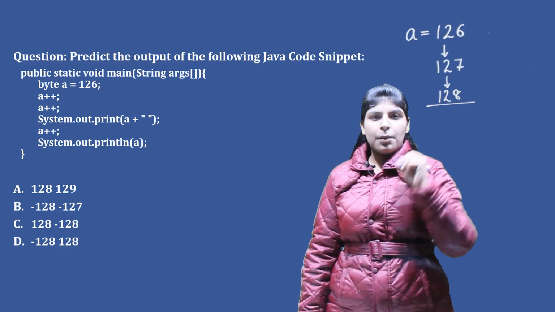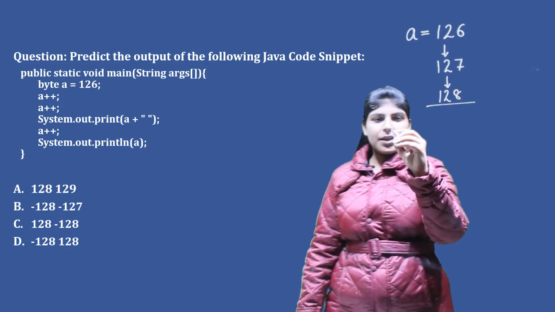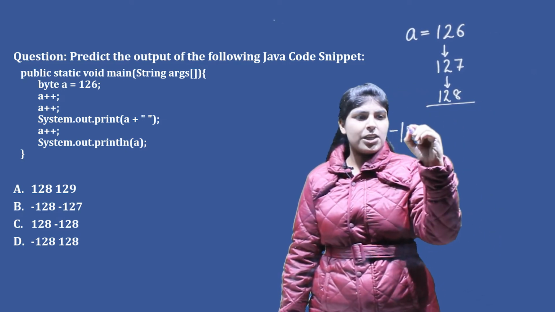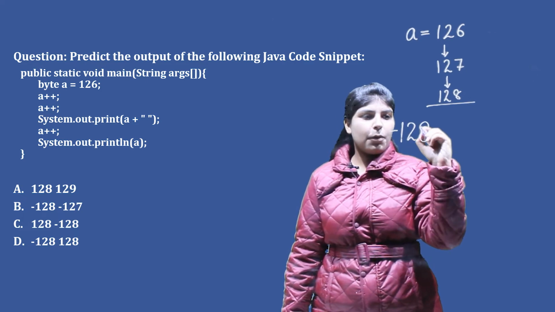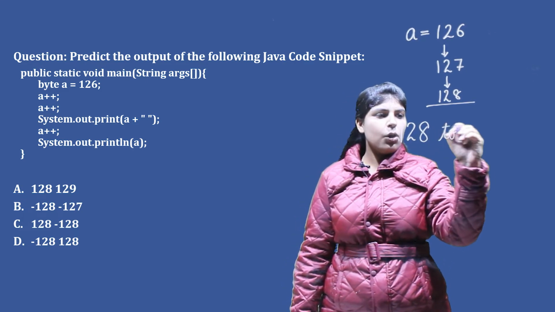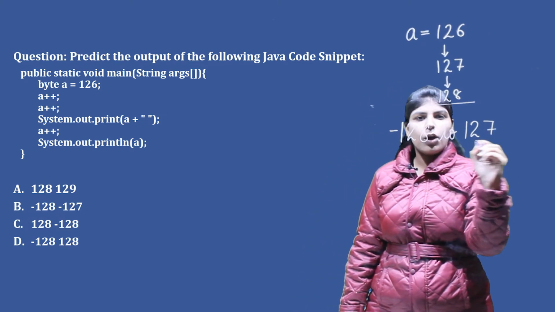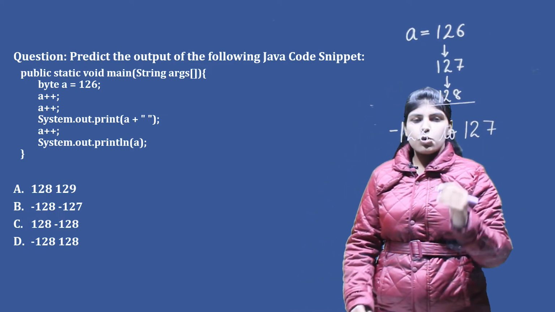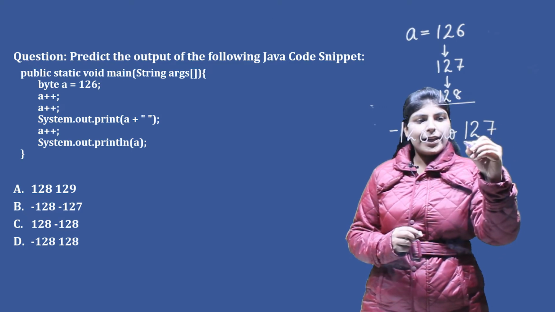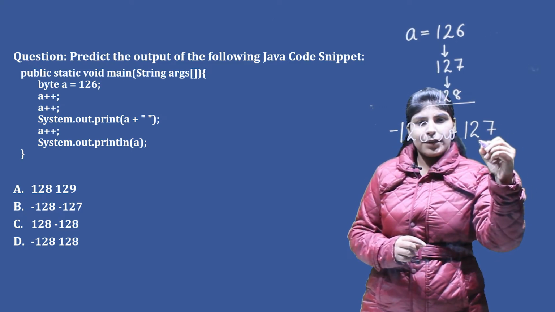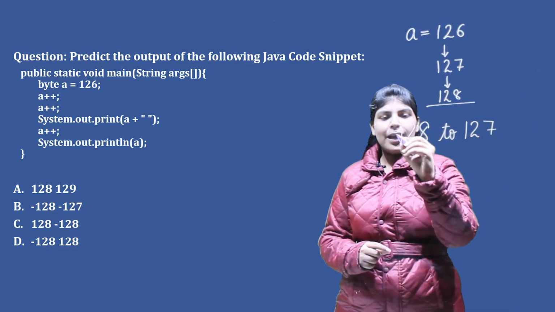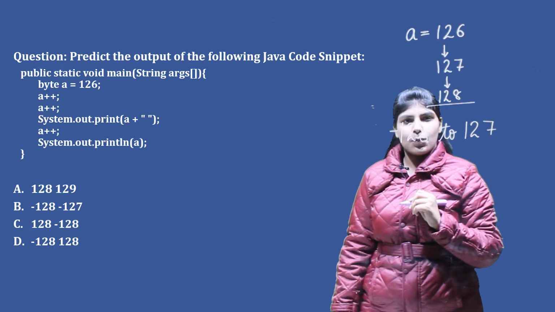Now can A become 128? No. Because as we have seen in the last class, range of byte data type is from -128 to 127. So the value of A cannot be more than 127. So what happens here is, when I try to increment the value from 127, it goes in cyclic way and the value again becomes -128.